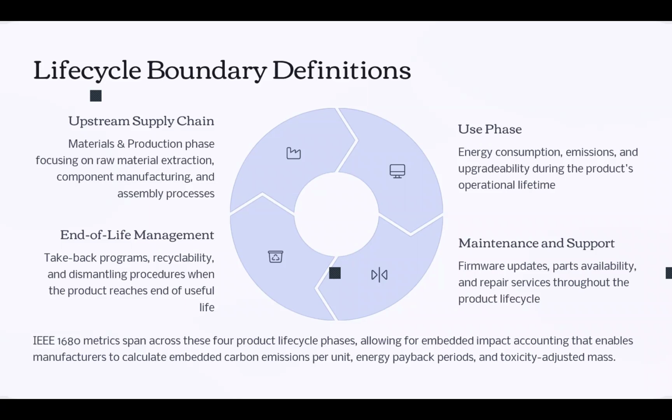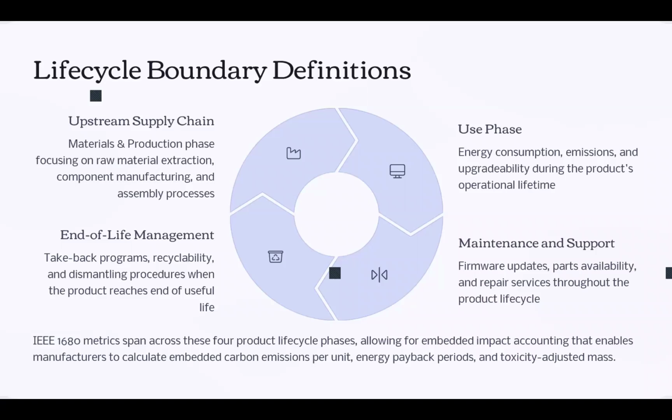This is all about how the product performs once it is with the customer. So its energy consumption, emissions, and whether it can be upgraded instead of replaced. So this is the second step. Now, the next one is maintenance and support.